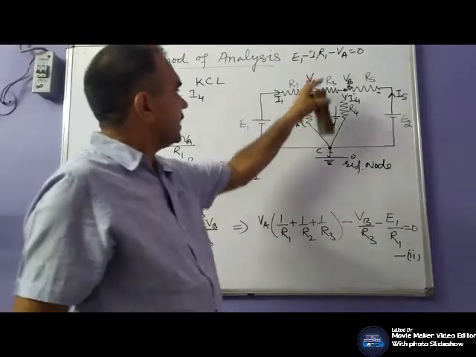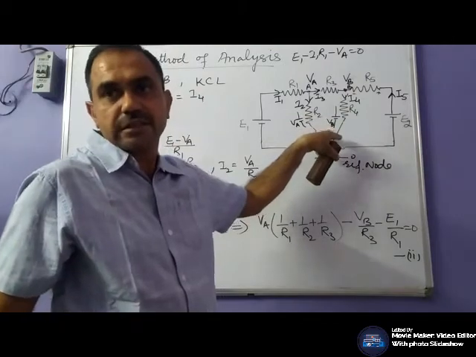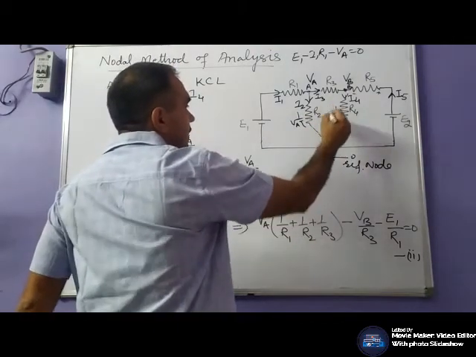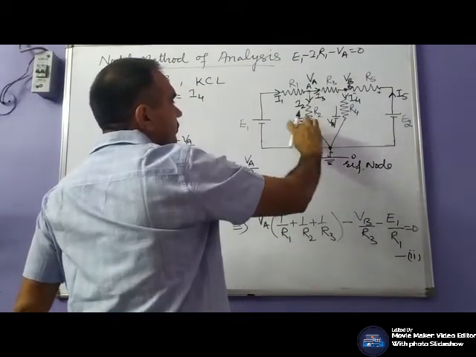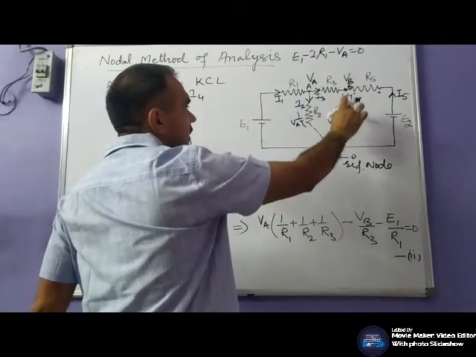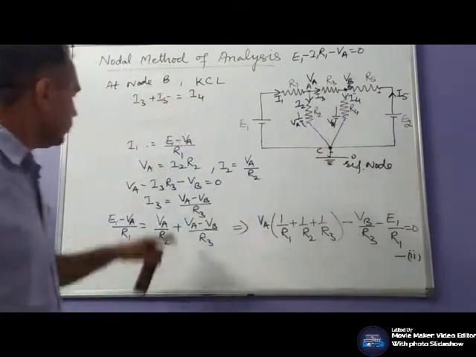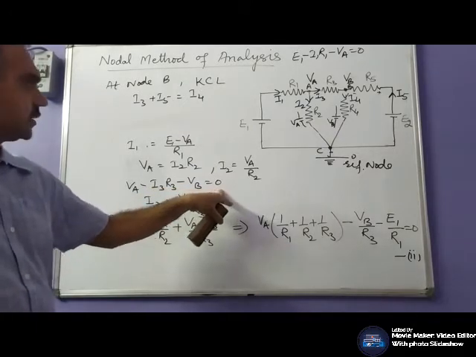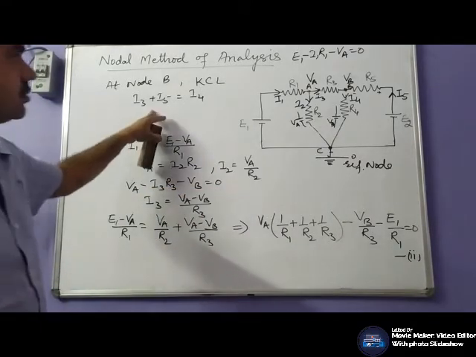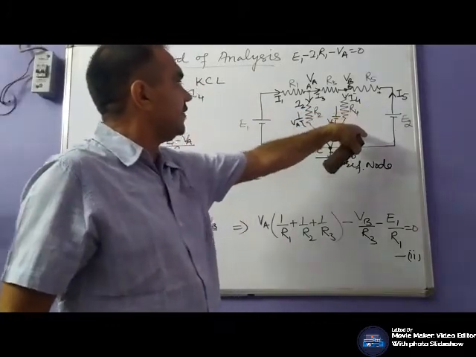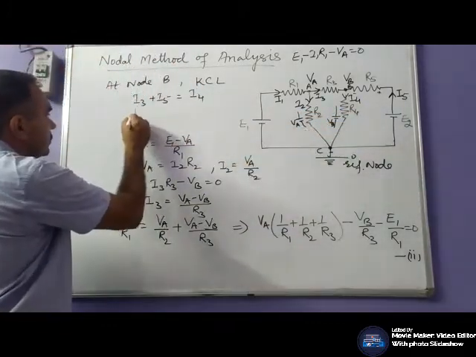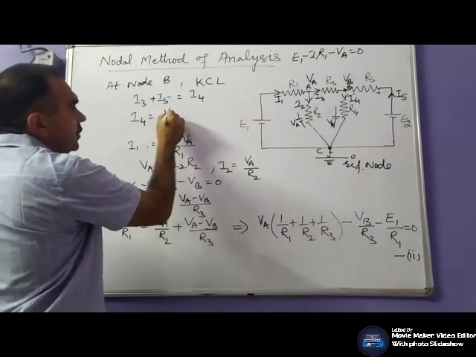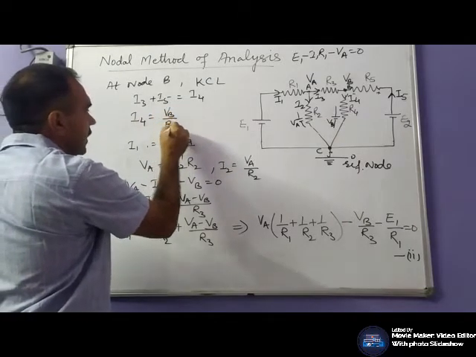If you do it again, you will get the same result. Apply KVL in this loop: VA minus I3 R3 minus VB is equal to 0. Now to find I5 and I4, what is I4? VB by R4.